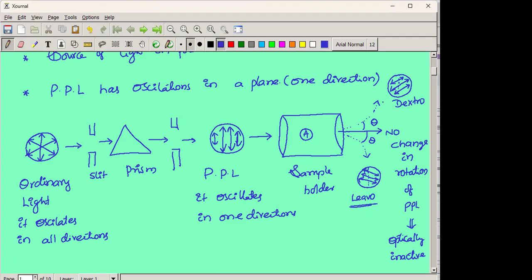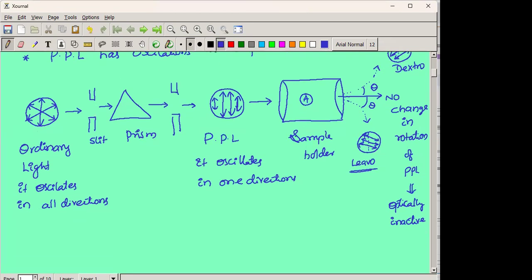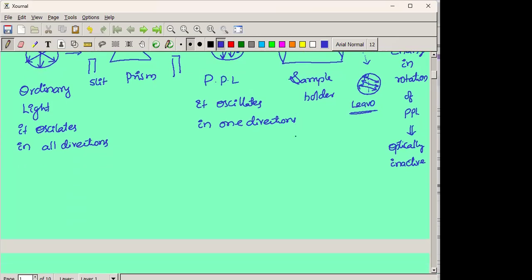So simply, what happens when the plane polarized light interacts with the sample? See here, this is our plane polarized light.